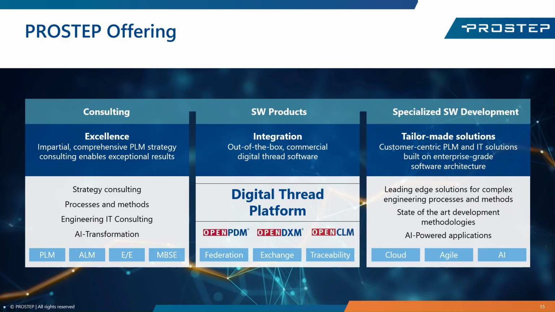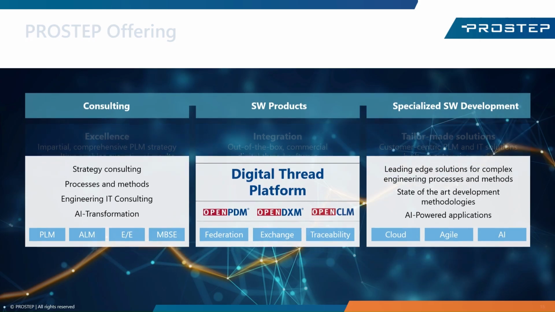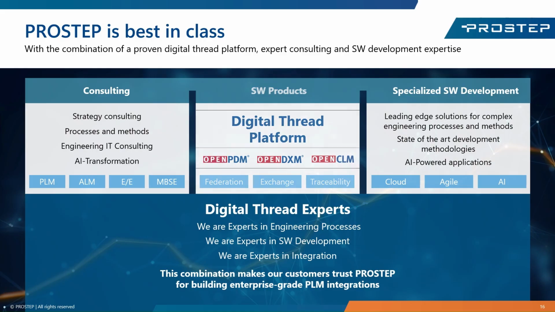And then we have specialized software development, which is large-scale PLM-centric IT products for large customers that develop specific solutions that are necessary for their environment. Bringing together the 3 different pillars is what makes us experts. We're experts in engineering processes, experts in software development, and experts in overall interoperability and integration.